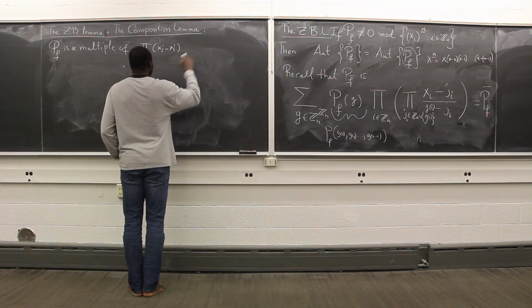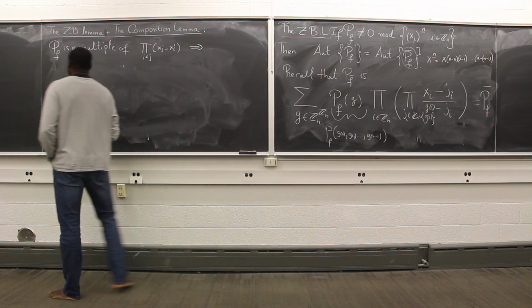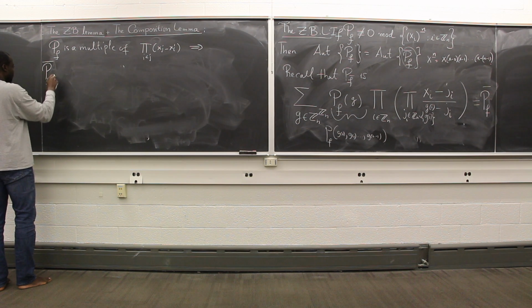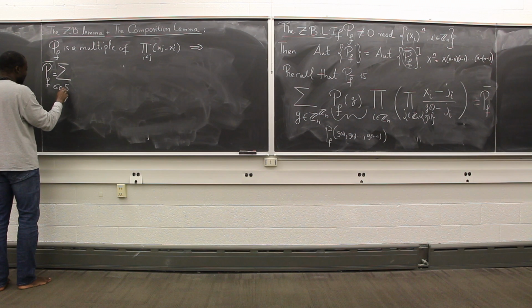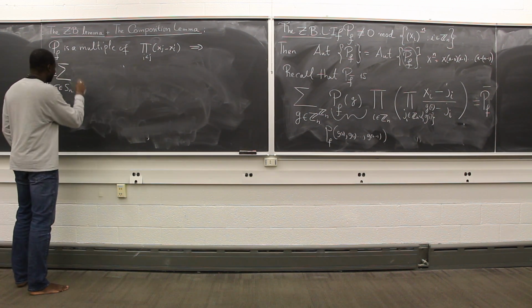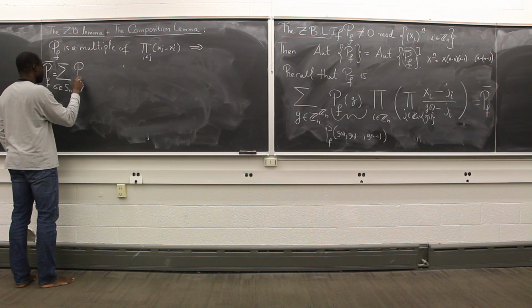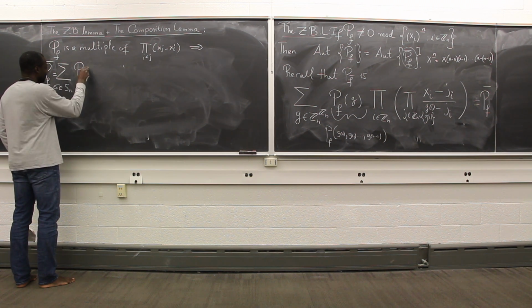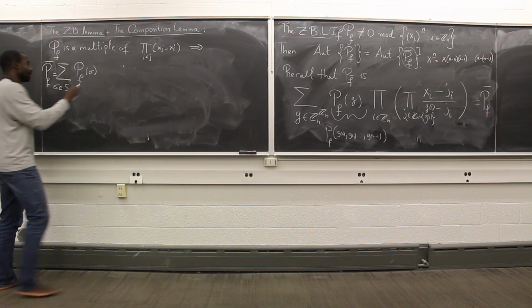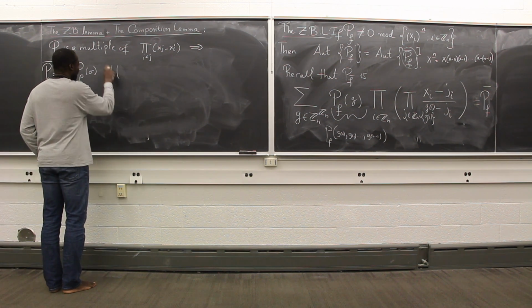So PF is a multiple of this, so this implies that PF bar is the sum over sigma in Sn of, let me write for now, PF evaluated at sigma. This should be reminiscent of the determinant formula.